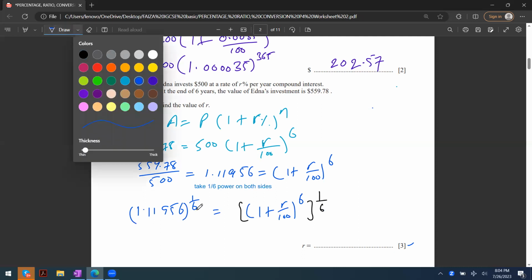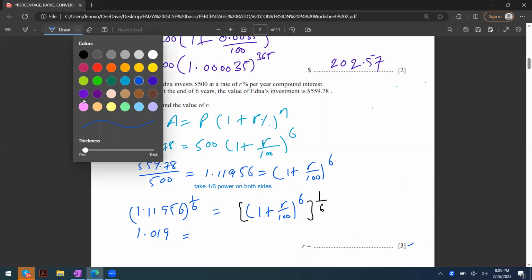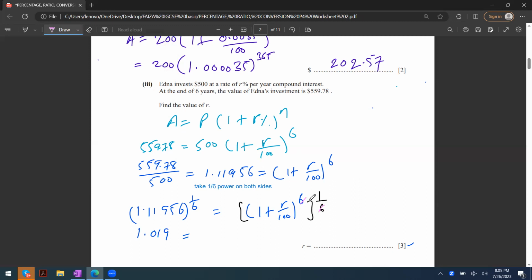The left side, use a calculator to find it. Just put the power 1 over 6. There is a function in the calculator. Powers can be fractional also. So this is 1.019, to 3 decimal places. And you can note that this 6 will cancel with this 6. Powers will multiply and 6 will cancel with 6.